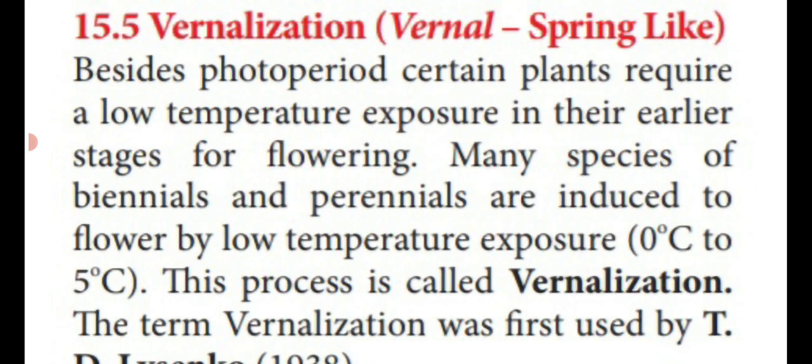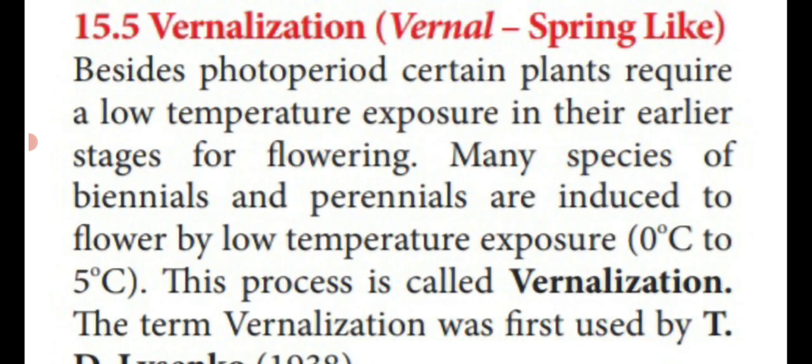See the definition. Many species of biennials. Biennials means plants which complete their life cycle within 2 years. First year they produce vegetative organs. Second year they produce reproductive organs. And perennials means plants which show their life cycle for more than 2 years.